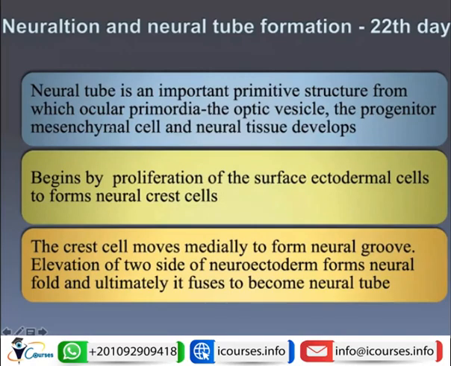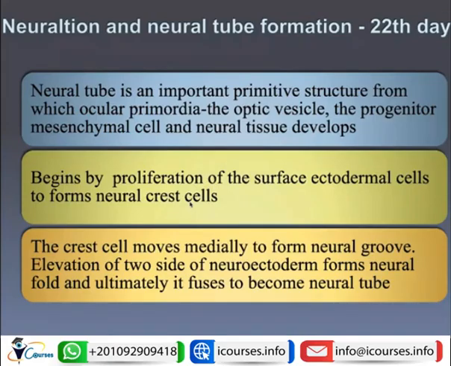The progenitor mesenchymal cells and the neural tissue develop, and we will discuss the mesenchymal cells now. They are a group of cells formed from what are called the neural crest cells, which we will see now. The neural tube is formed by proliferation of the surface ectodermal cells to form the neural crest cells. We know what the ectoderm is from the previous slide.